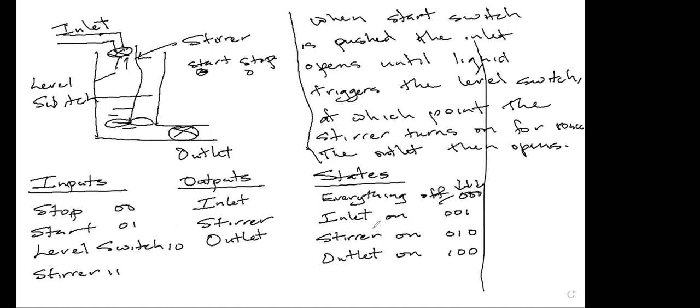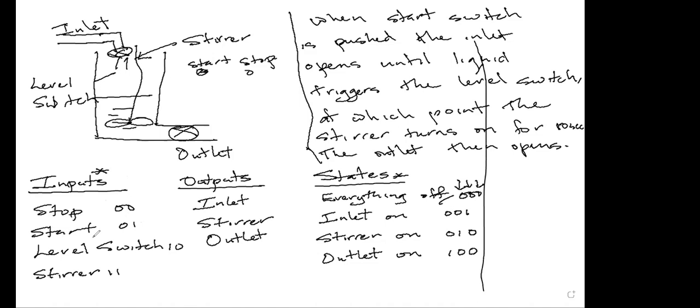Now, we could have done the same thing with the states, but for the ease of discussion here, we're going to limit giving each state a unique binary number. So we have 4 inputs, so we can give each of them a unique binary value.